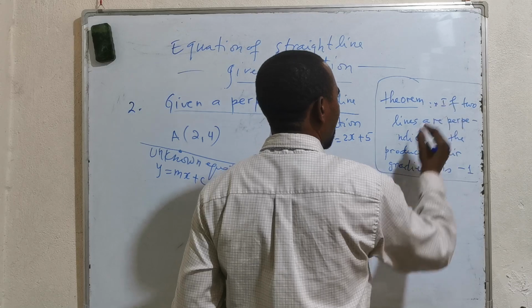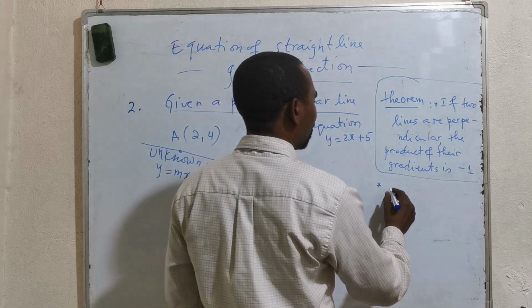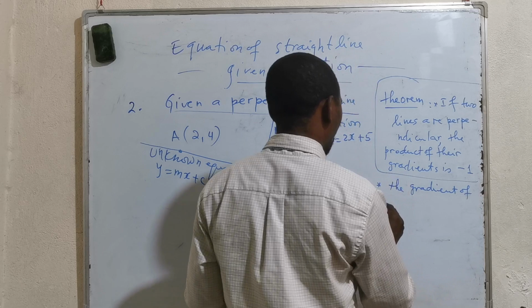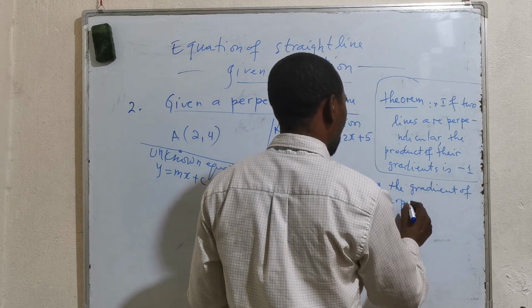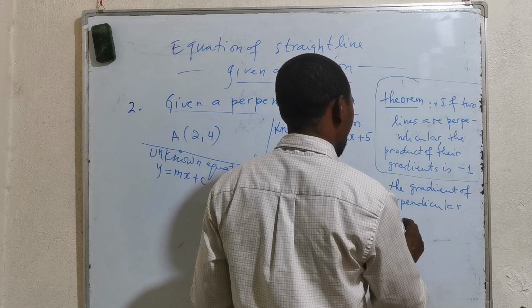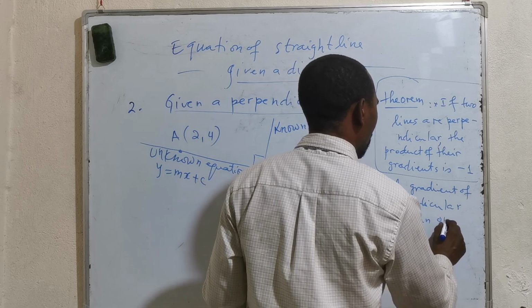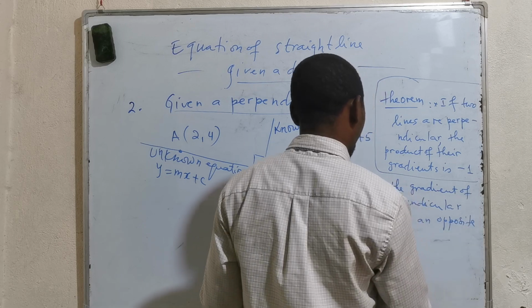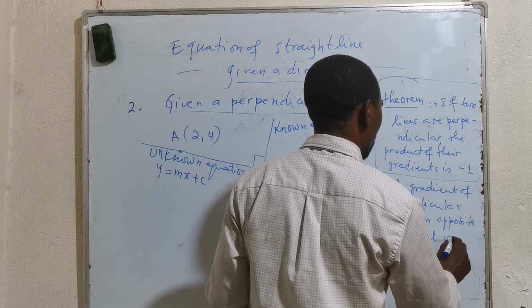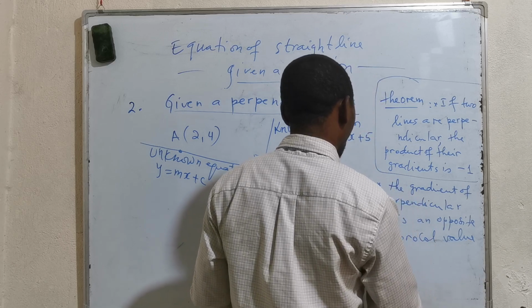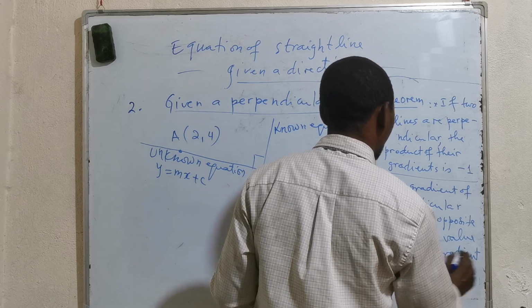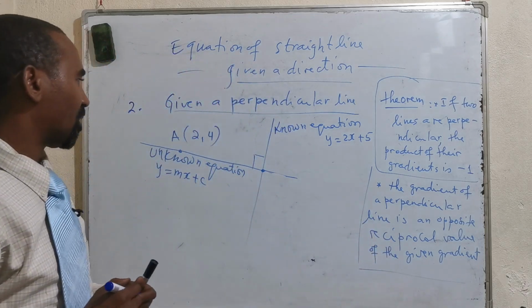It can also be stated as: the gradient of a perpendicular line is the opposite reciprocal of the given gradient. You will use one of the two. They will give the same result.